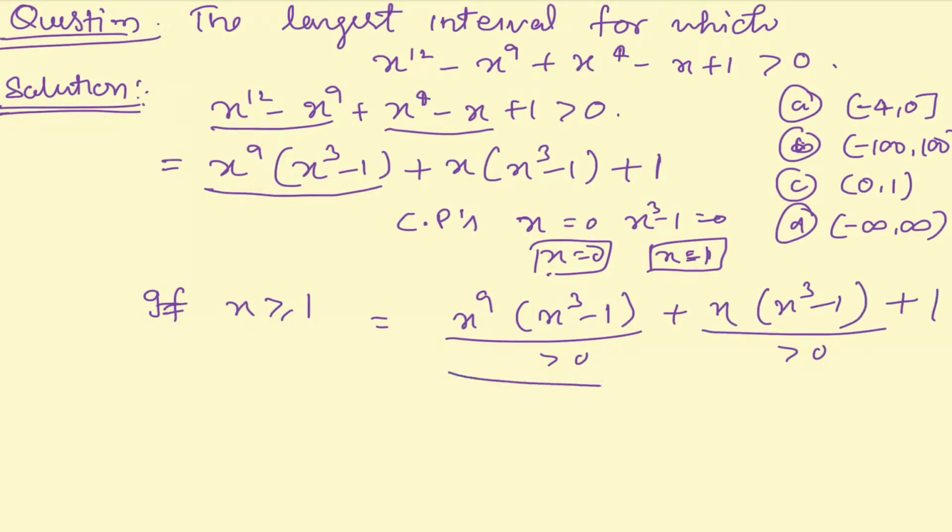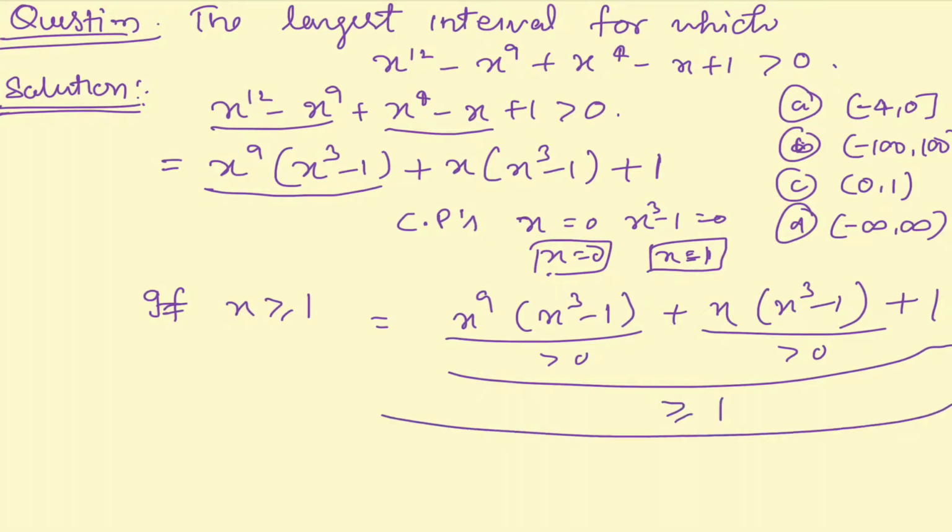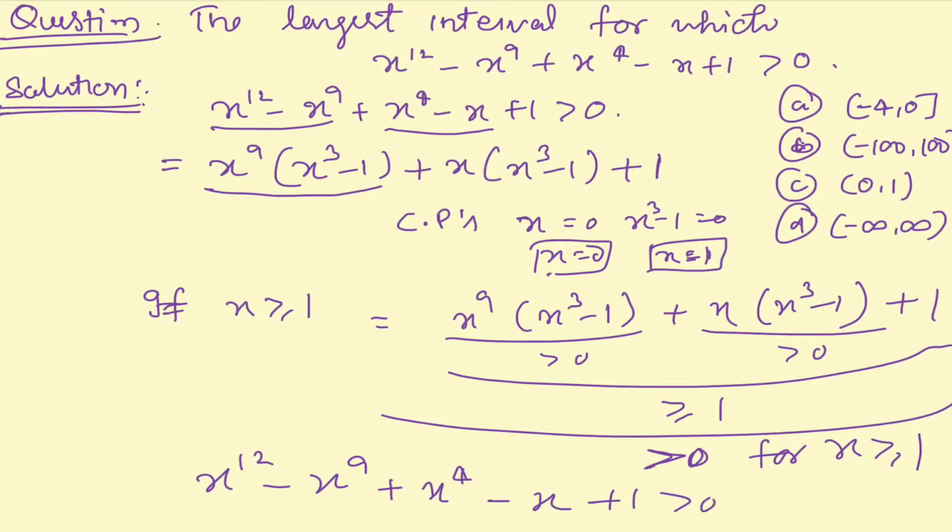So the overall thing will be greater than 0 for x greater than or equal to 1. So we can say that x to the power 12 minus x to the power 9 plus x to the power 4 minus x plus 1 is greater than 0 for x greater than or equal to 1. This is the first case.